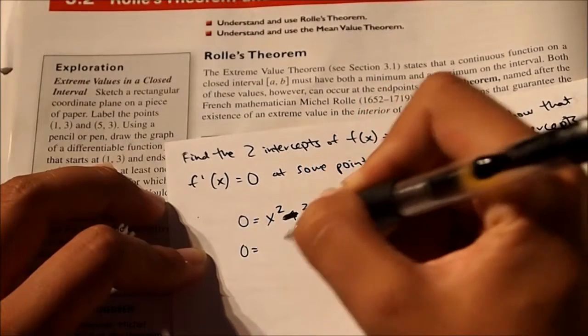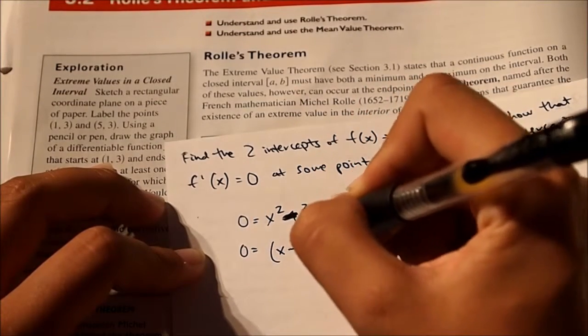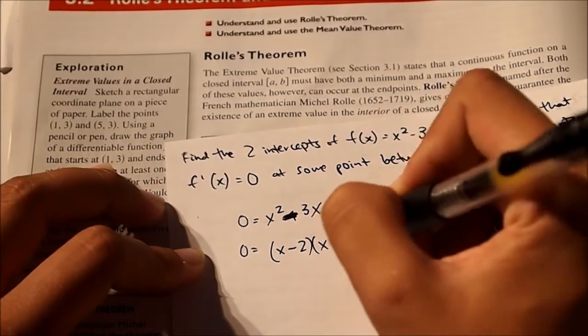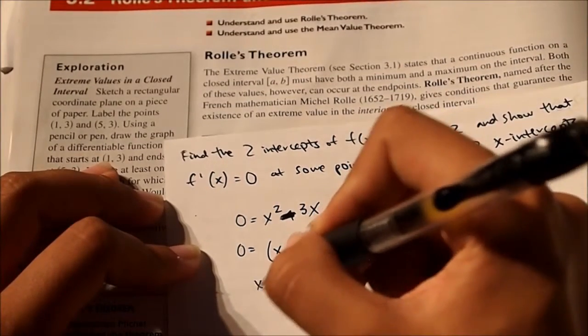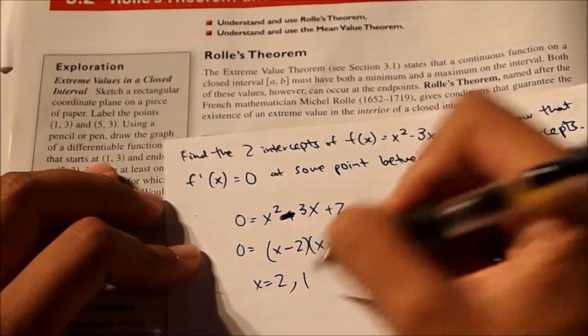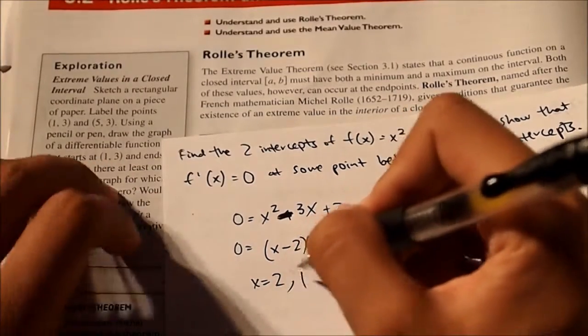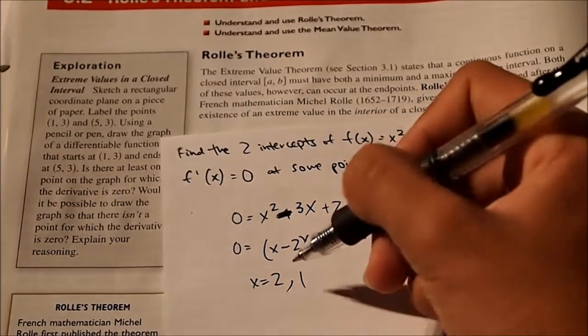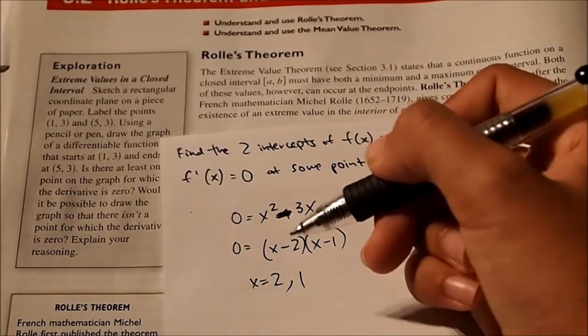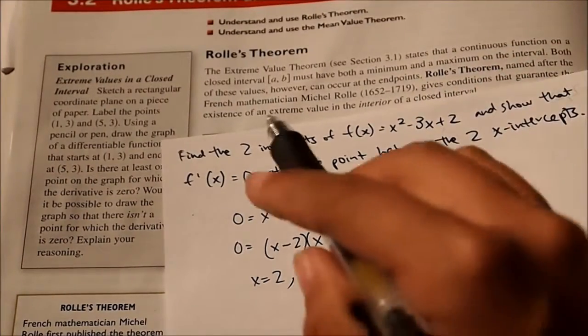Then you factor, so you get (x minus 2)(x minus 1). So x is equal to 2 and 1. These two points are the zeros. So y is equal to 0 when x is equal to 2 and when x is equal to 1. Those are our two intercepts.